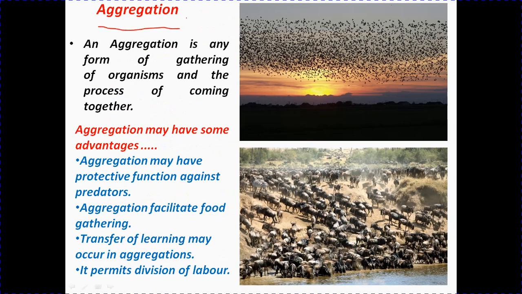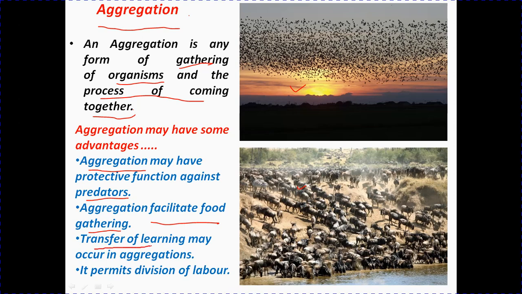Aggregation is another type of cooperative interspecific interaction. Aggregation is the gathering of organisms. When organisms gather or come together, that process of coming together is called aggregation. Why do these birds or animals form aggregations? Because it has certain advantages. Aggregations help these animals protect themselves from predators, and they facilitate food gathering.